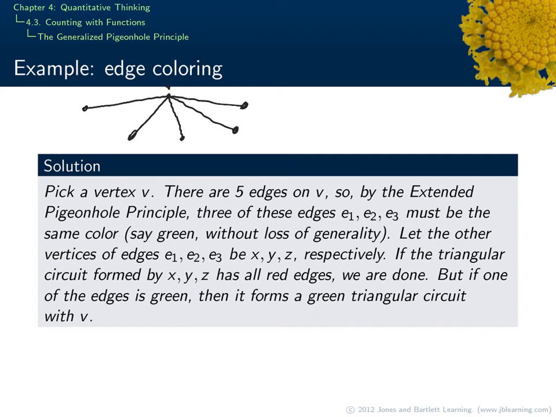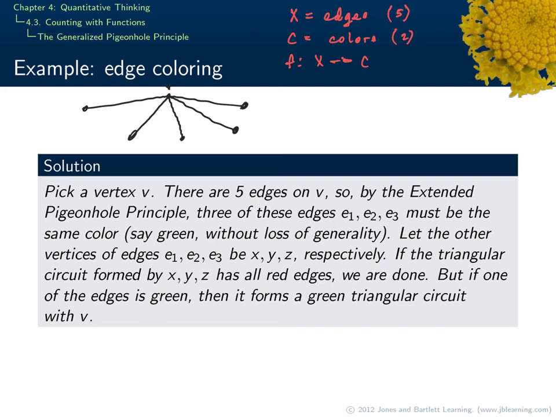Well, let's let X be the set of edges, and we'll let C be equal to the set of colors. So remember, there are 2 colors allowable. There's red and green. There are 5 edges. And so we can have a function that goes from X to C that assigns an edge to a color.